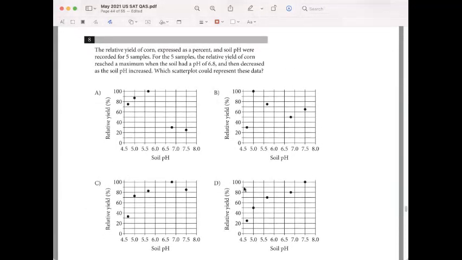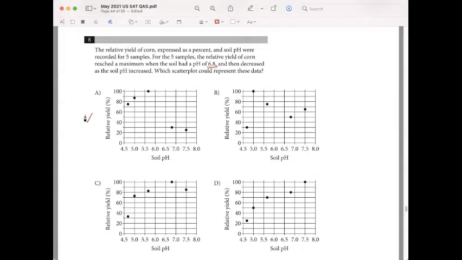Okay. The relative yield of corn expressed as a percent and soil pH were recorded for 5 samples. For the 5 samples, the relative yield of corn reached a maximum when the soil had a pH of 6.8 and then decreased as the soil pH increased. Which scatter plot could represent this data? So we see that the maximum happens at 6.8.